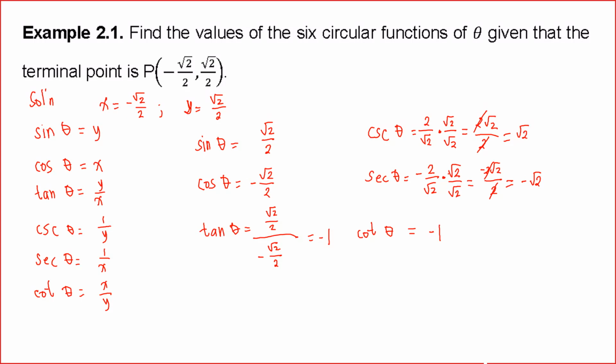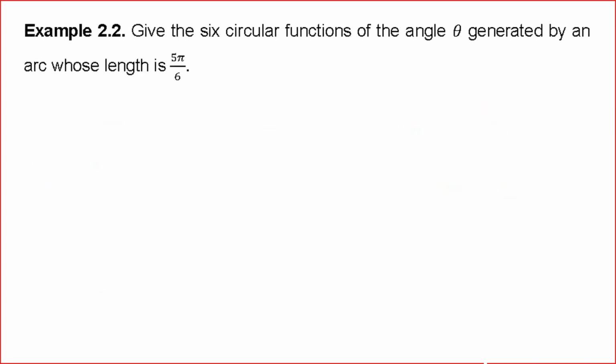So let's have another example. Give the 6 circular functions of an angle theta generated by an arc whose length is 5 pi over 6. In this example, the given is not a point, but an arc length.